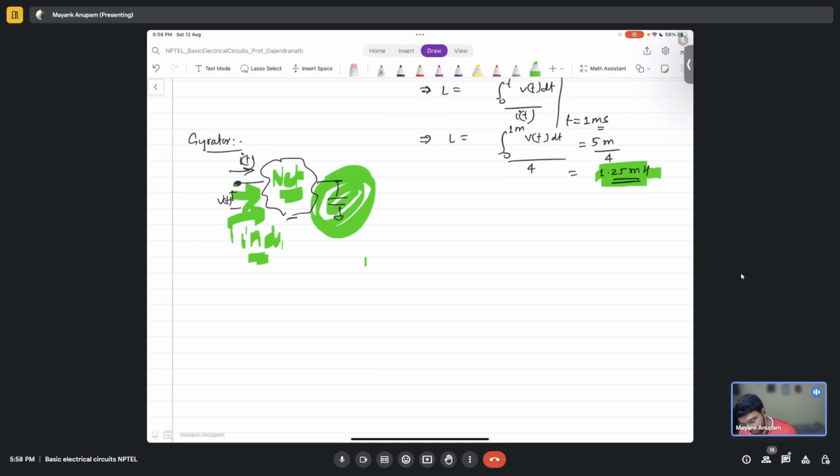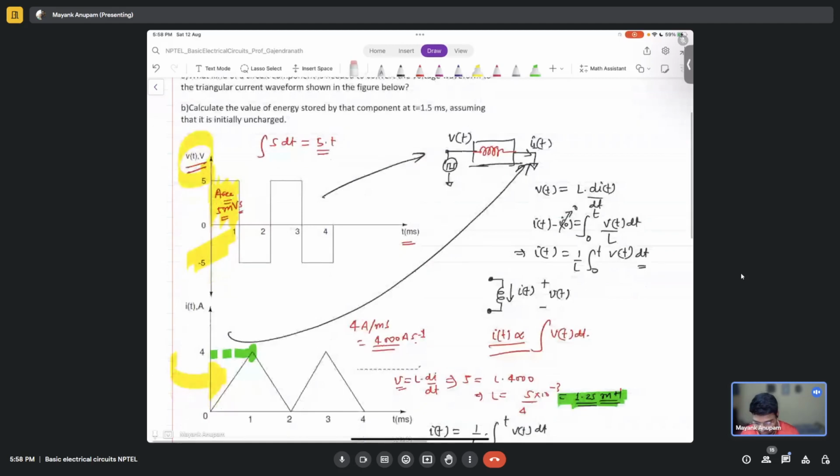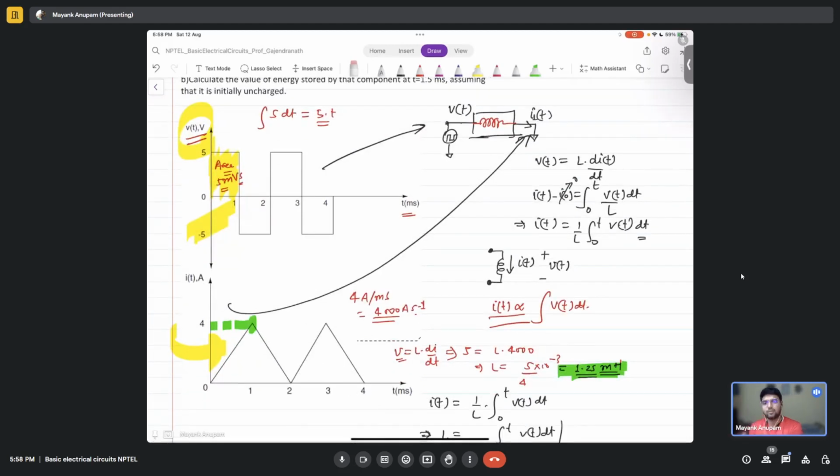The logic that we'll be using there will be very similar to this. This kind of reasoning will be very helpful: you want to convert some kind of waveform into another kind of waveform, what kind of elements do you require. This kind of reasoning is very important.